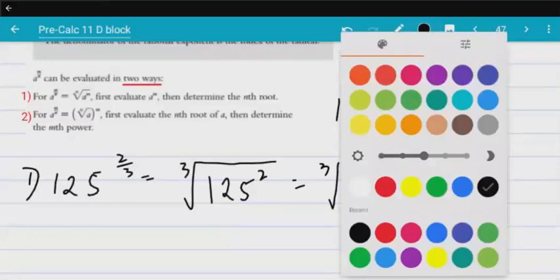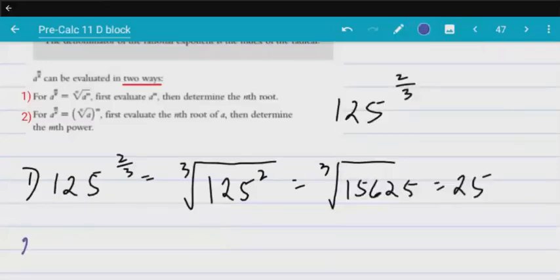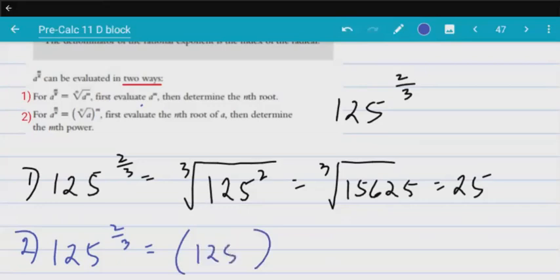Let's use a different color, which is about this one. So 125 to the 2/3 tells me to get first the root.